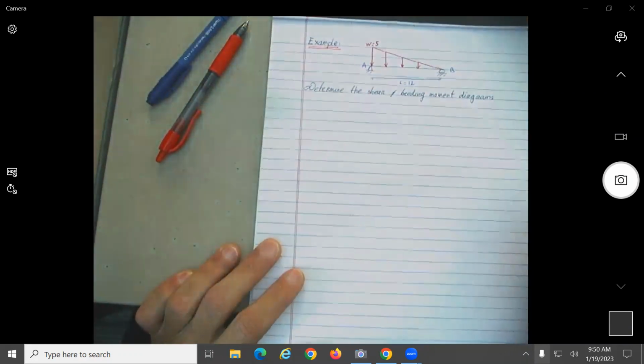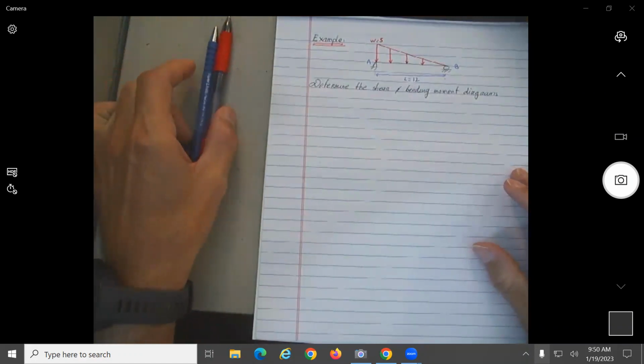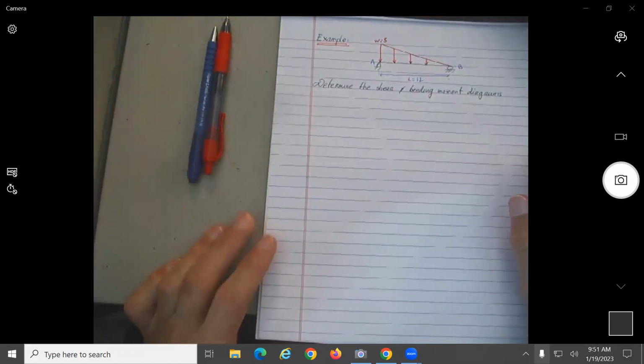Let's say these are our points A and B. So what is the procedure?